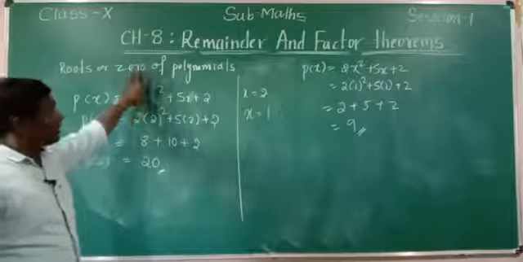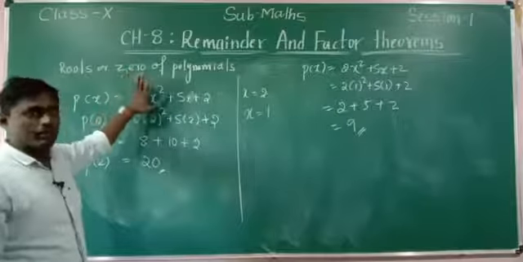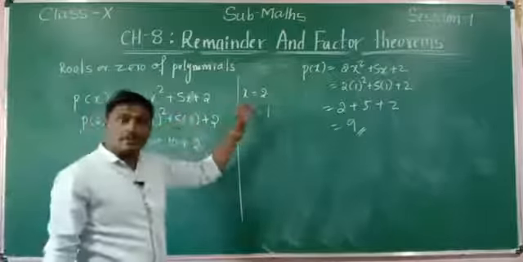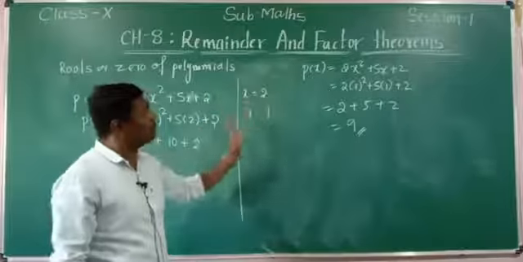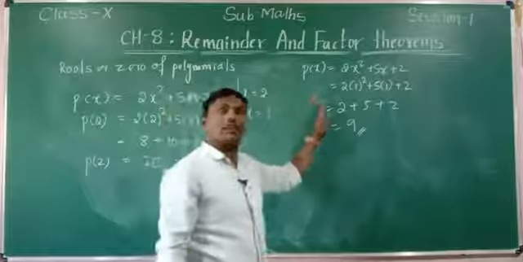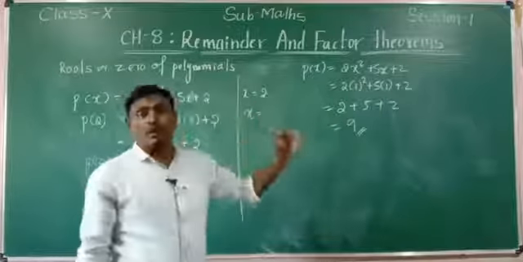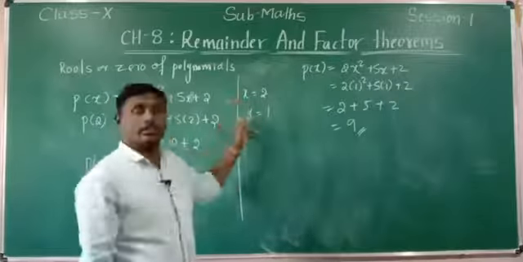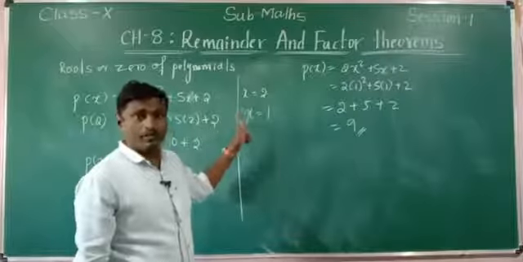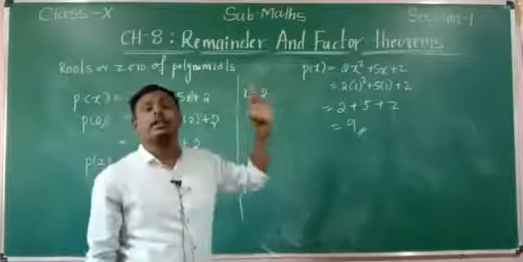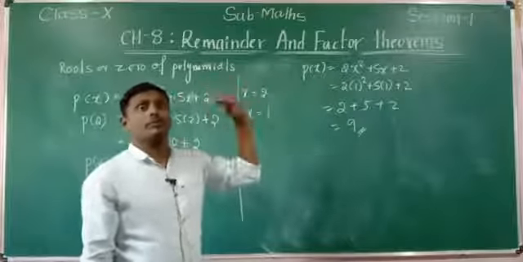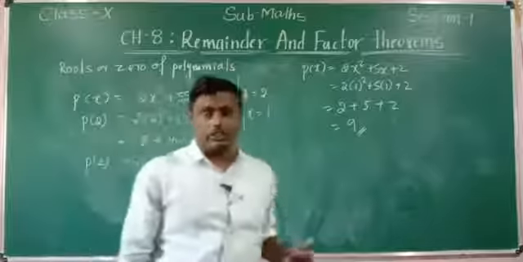So the expression is the same, but I am considering different x values. For the first question I am taking x value as 2, for the second question I am taking x value as 1. So as we change the x value in the given polynomial or function, the corresponding value of the polynomial continuously changes.